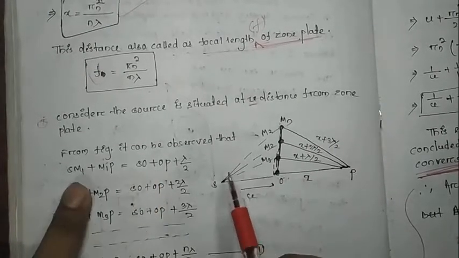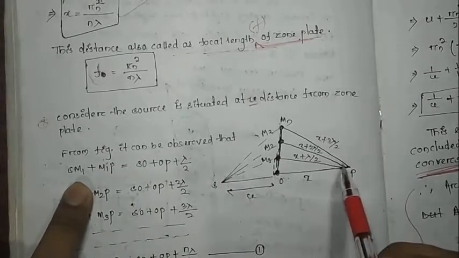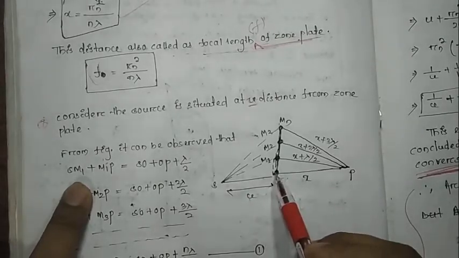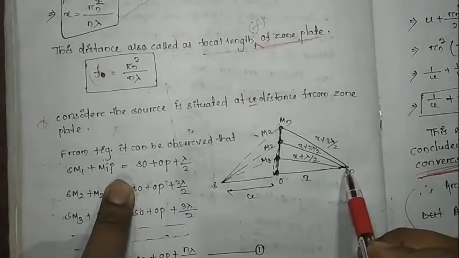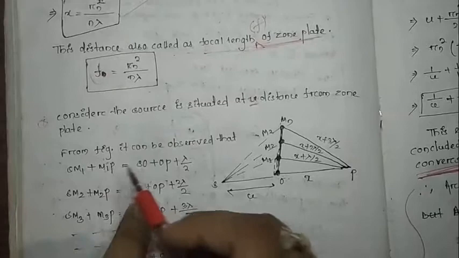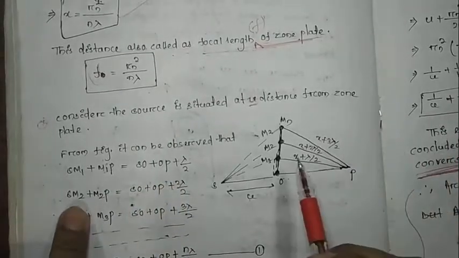That means SM1 plus M1P is nothing but SO plus OP plus the extra path, which is lambda by 2.